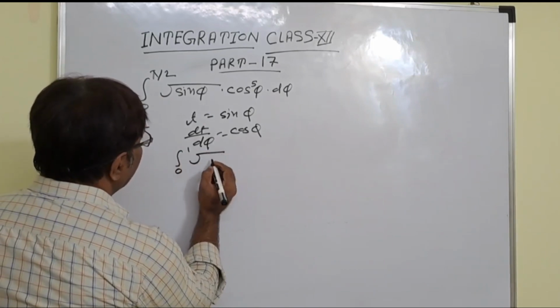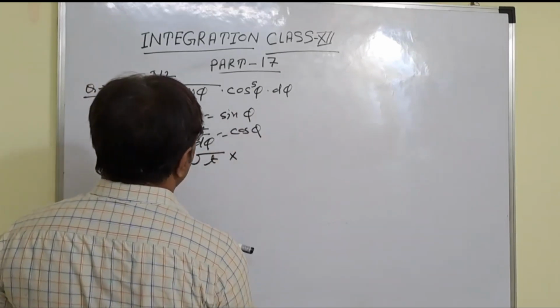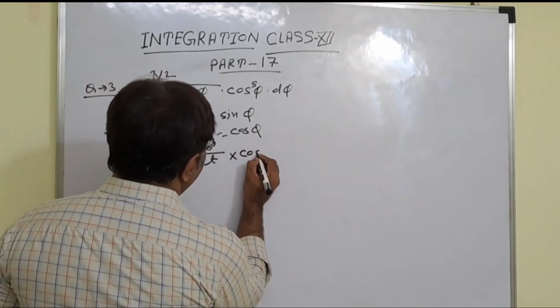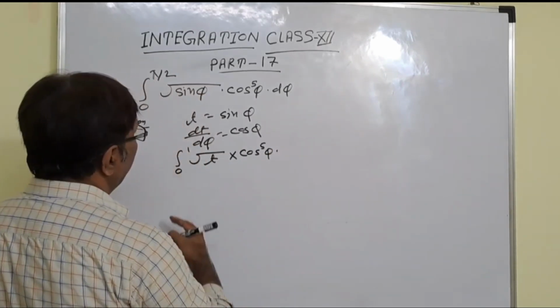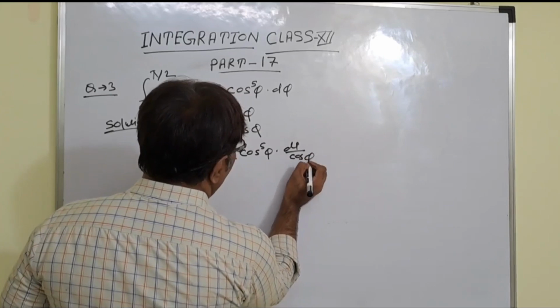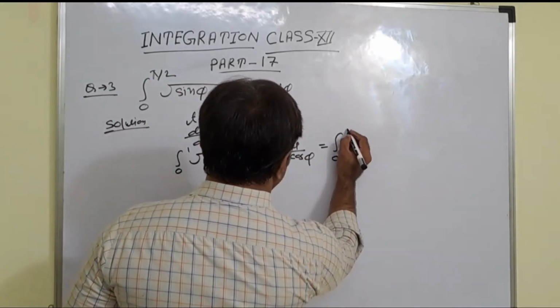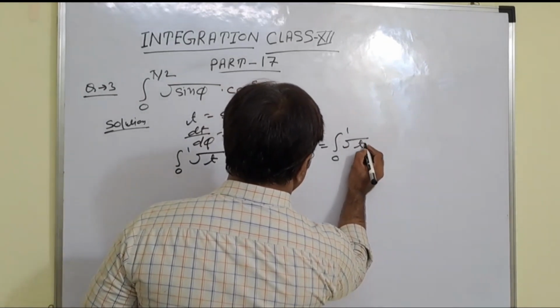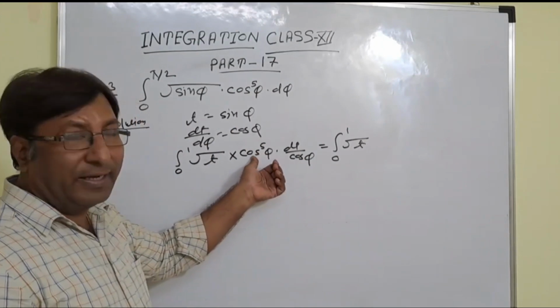Now we can write root under t into, here given cos to the power 5 phi, into d phi. So d phi equal to dt upon cos phi. Okay. So now we can write the integration from 0 to 1 of root under t, and this cos phi is cancelled.